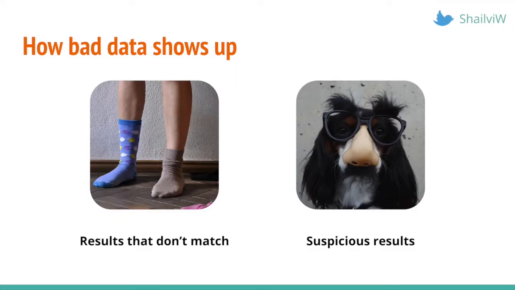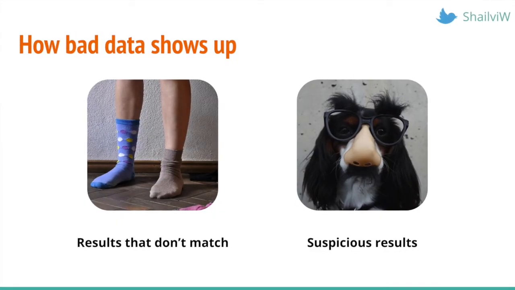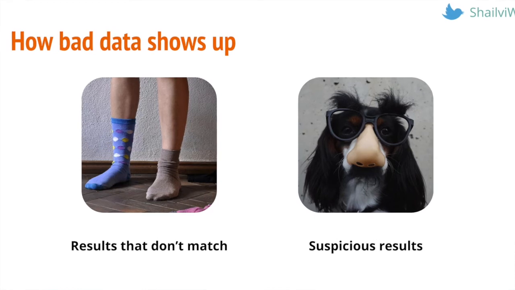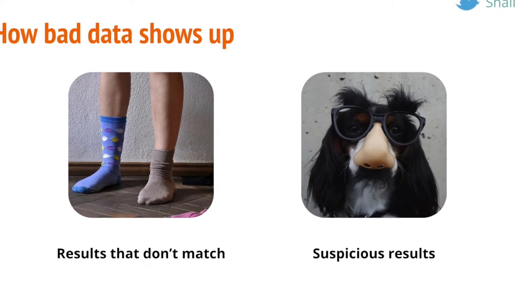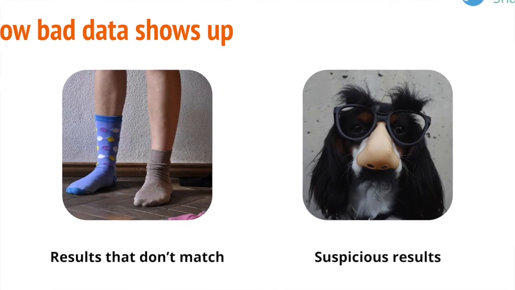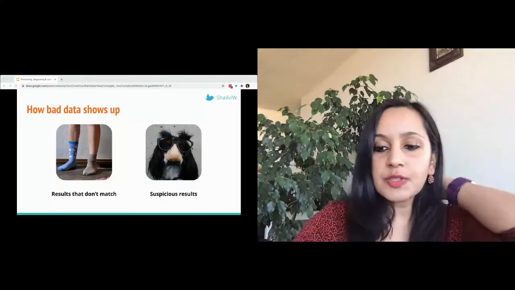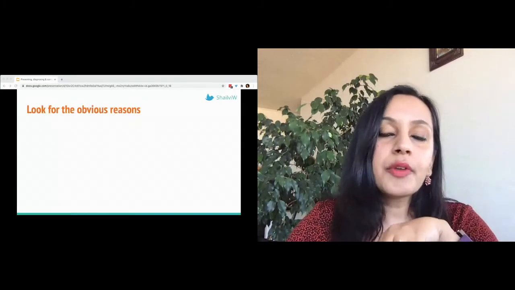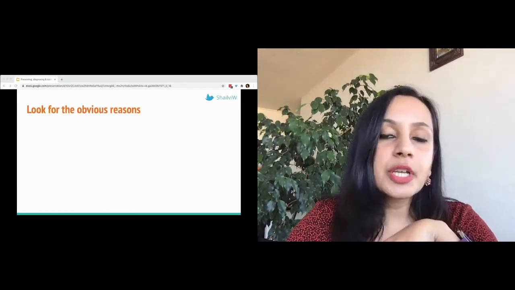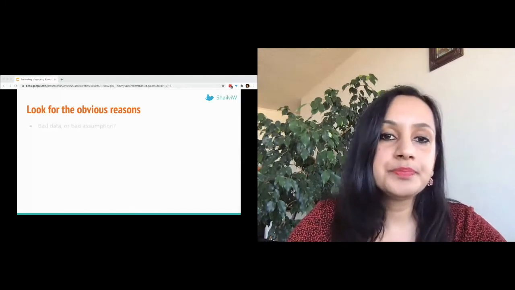Other times, you see a data result and it just doesn't make sense. It's not logical. Sometimes it actually might be the right answer, but it still warrants an investigation because it looks suspicious. Either way, the first step is to look for very obvious reasons why you're encountering or suspecting bad data.